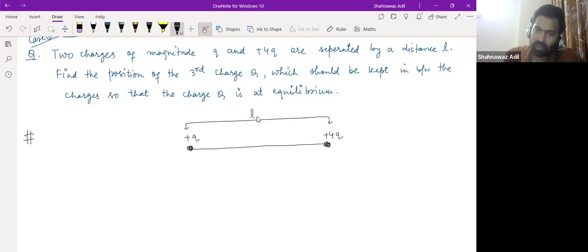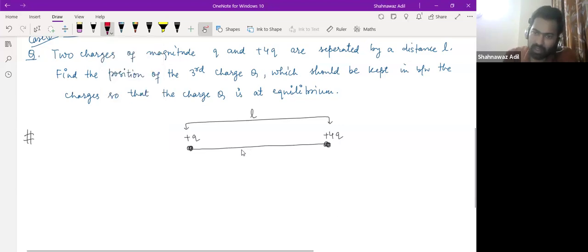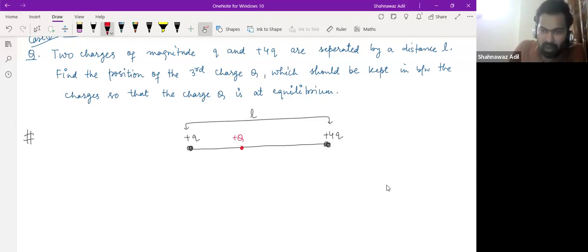And now we are placing another plus Q charge here. Now, what we have to find is what this X is so that this charge is at equilibrium.